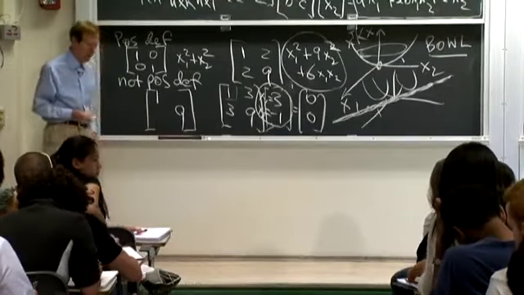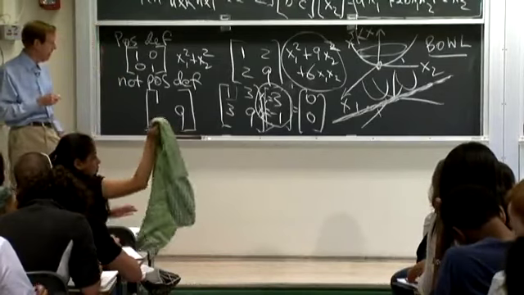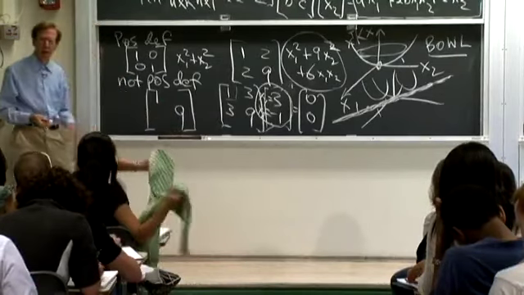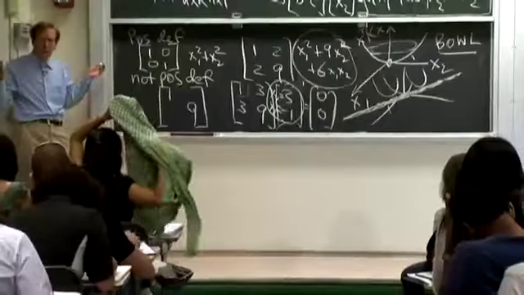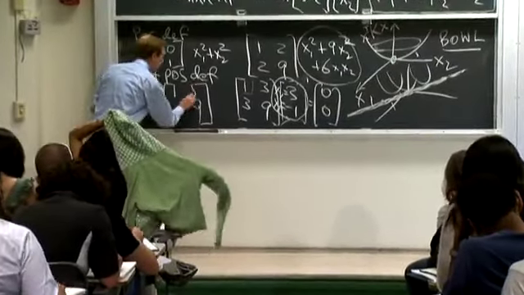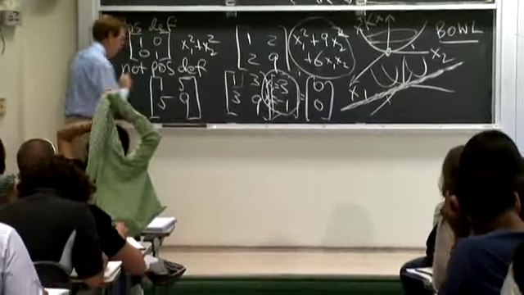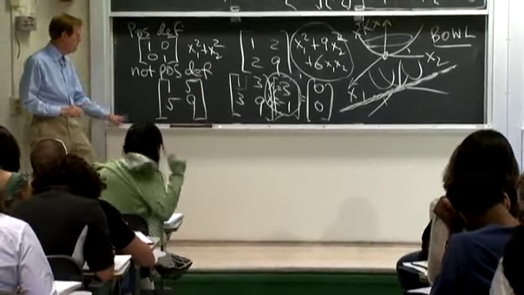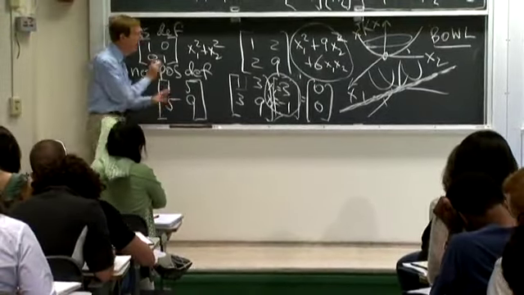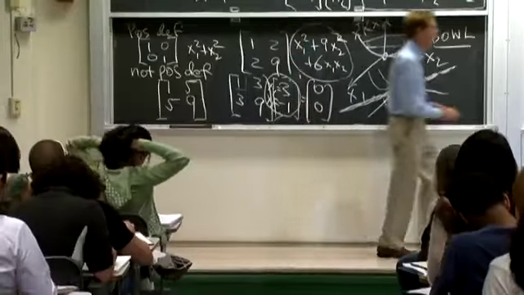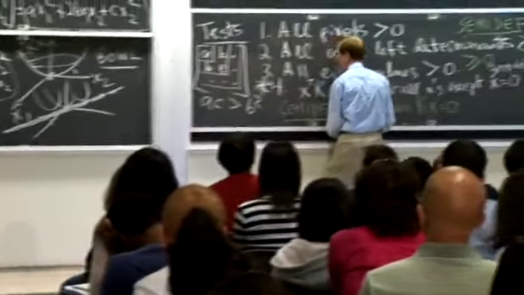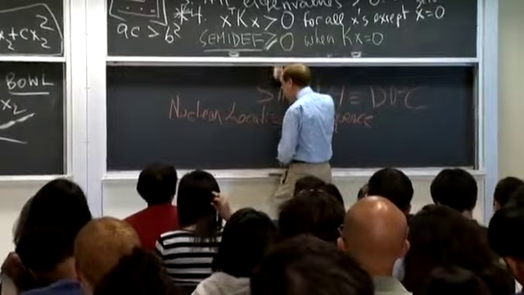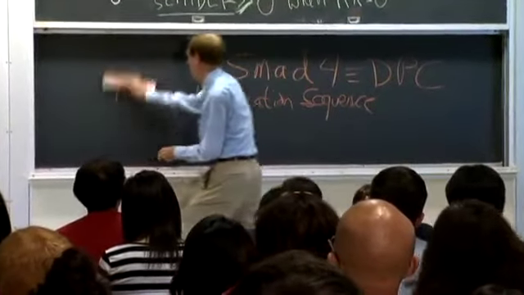It wins and prevents positive definite. So what number would you like here? 5? 5 is certainly plenty. Okay. So now I have 1, 5, 5, 9. Let me take a little space on a board just to show you. Sorry about that.